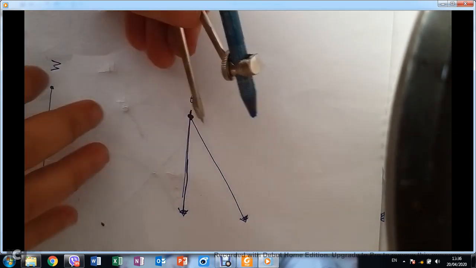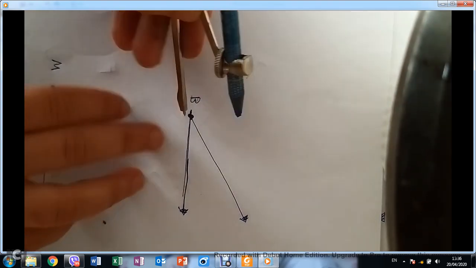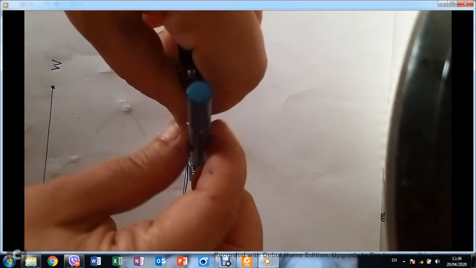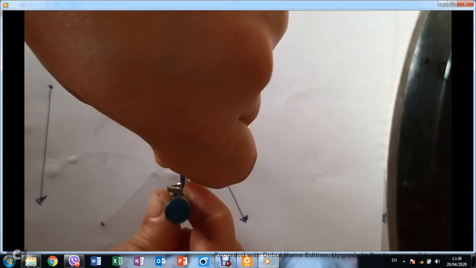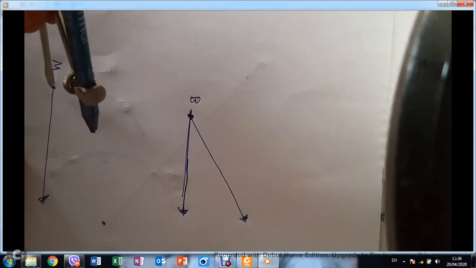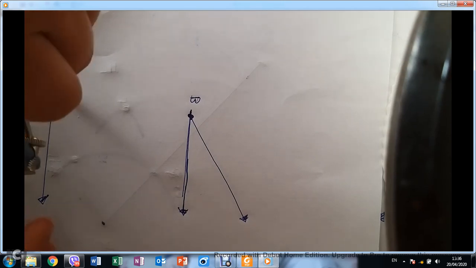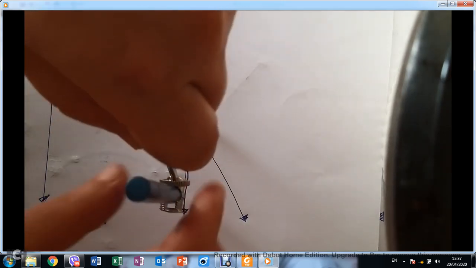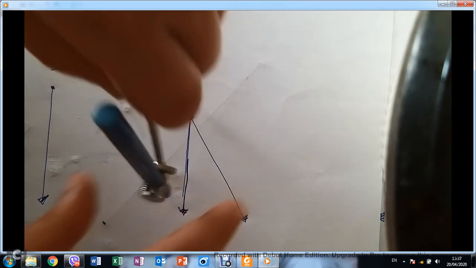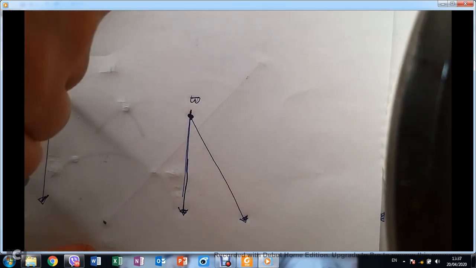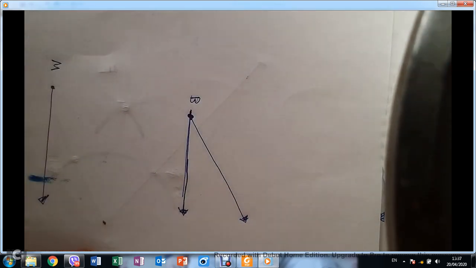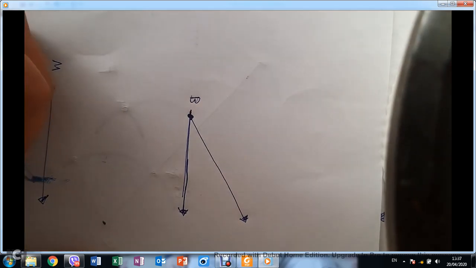Look, we have this video. We have angle B and we have line M. At first we need to open the compass until the end. Now we draw an arc. After that, we draw an arc with the same measure. You need to draw a longer arc.